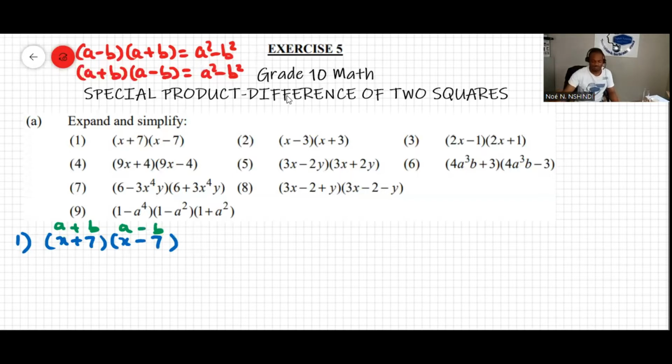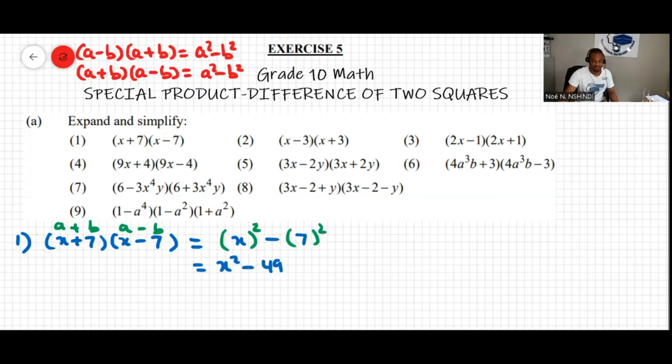So it's x squared minus B squared. X raised to the power of 2 is just x squared, and 7 to the power of 2 is 49.